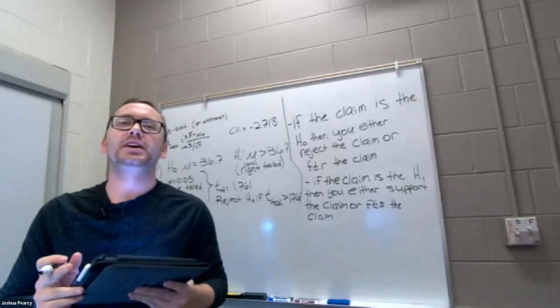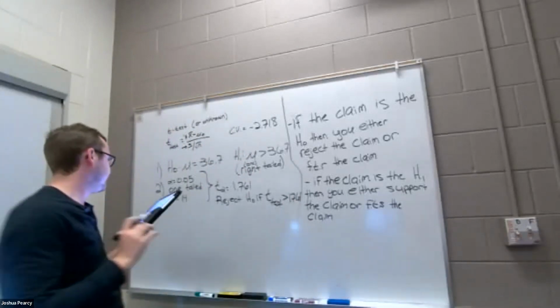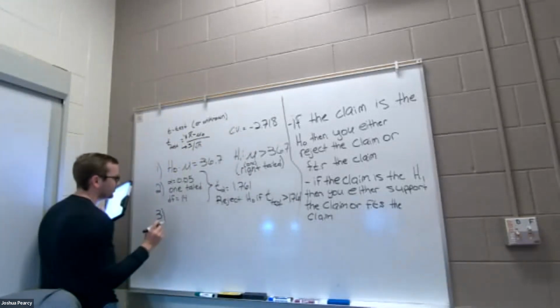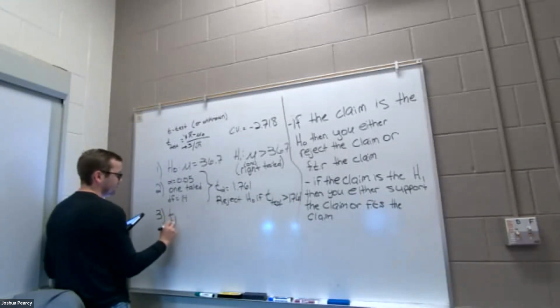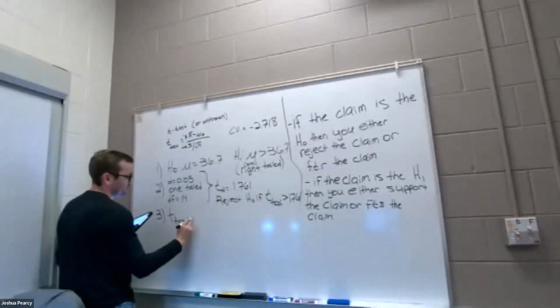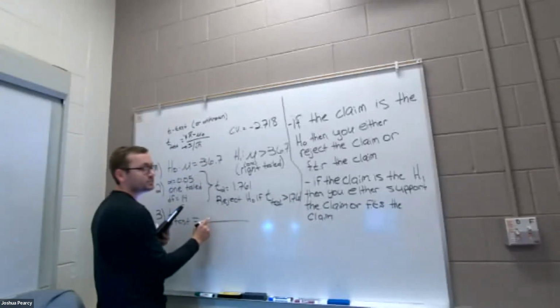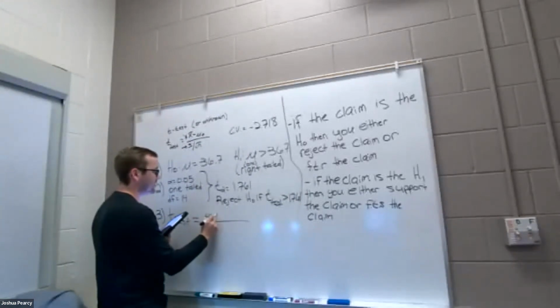Have I lost anyone yet? Great. Part 3. Compute the test value. What's the first number that goes here? Correct, X bar, 40.6.